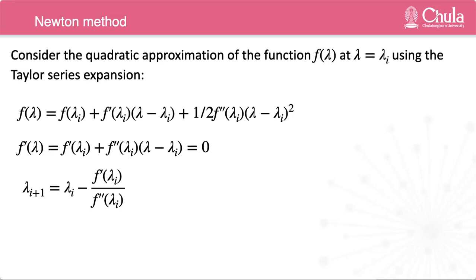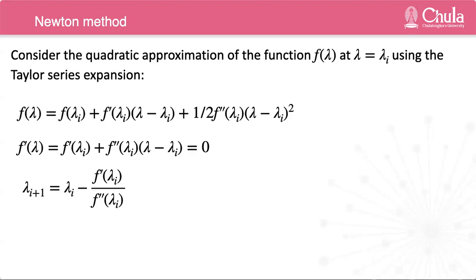This is the idea of the Newton method. And remember that the Newton method is based on the approximation of the objective function as a quadratic function, as you see in the first line.